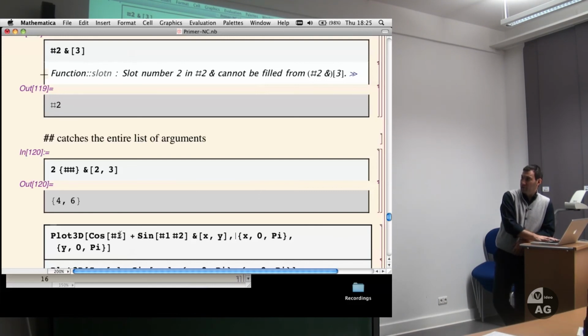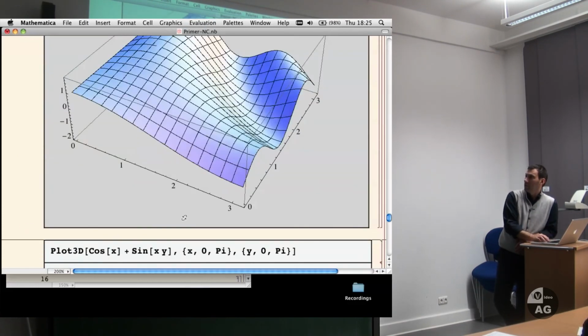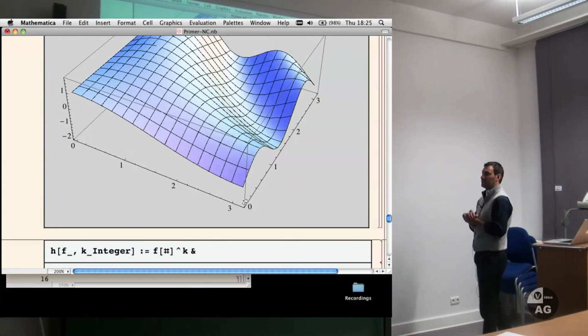Cosine of hash number 1, here is the function call. So the first argument is x, cosine of x plus sine of both of them. So it's x times y. I pass 2 iterators here, and so it's going to be a Plot3D. This is the exact same plot as this. Okay? Okay, what's this? This is fun.